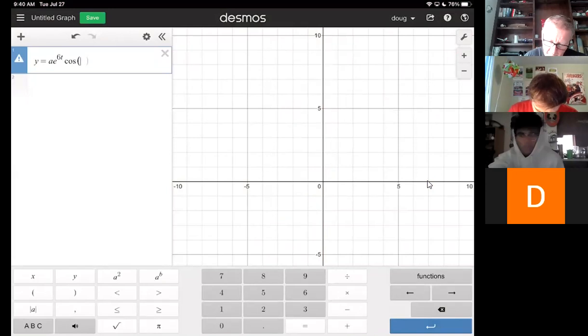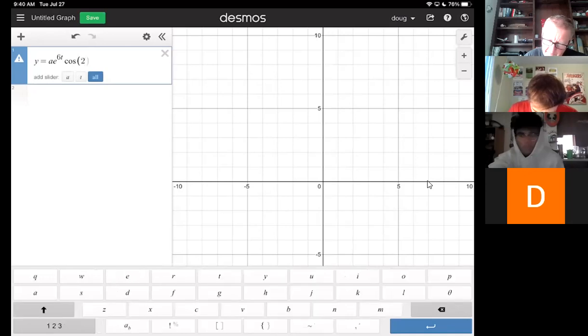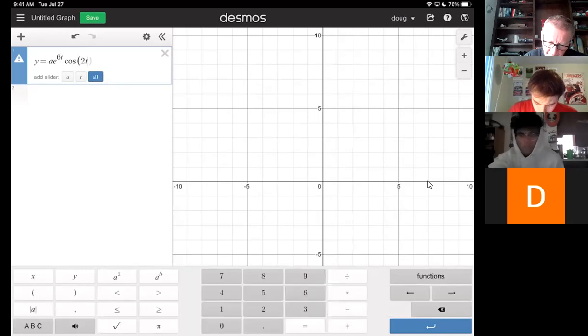Does the t have to be x in Desmos for it to graph? It might. I don't think so. I think I can use t. Worst case scenario, if I go back and change it, not from y equals, but y of t equals, then I know it will let me do it. Oh yeah, that'll work. Okay. I was going to try it without it and just see what happened.